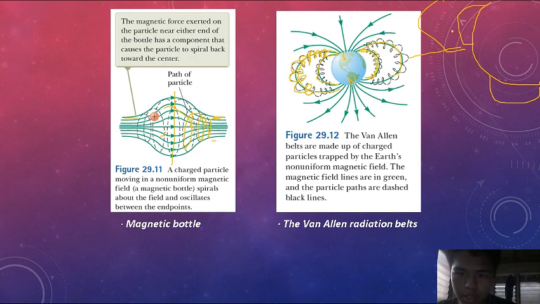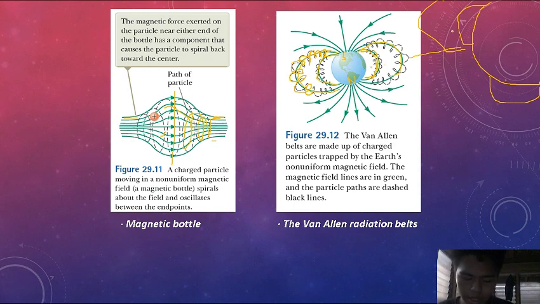Pero nagdi-deflect siya ng magnetic field ng Earth, and di na-reach ng cosmic rays yung ating atmosphere. Pero some of the particles became trapped here, and that makes up the Van Allen belts.